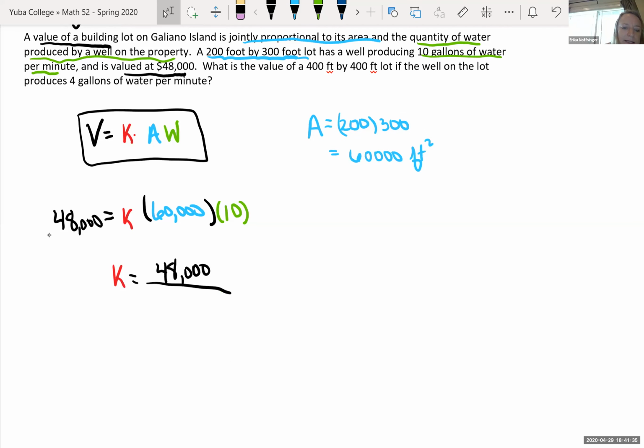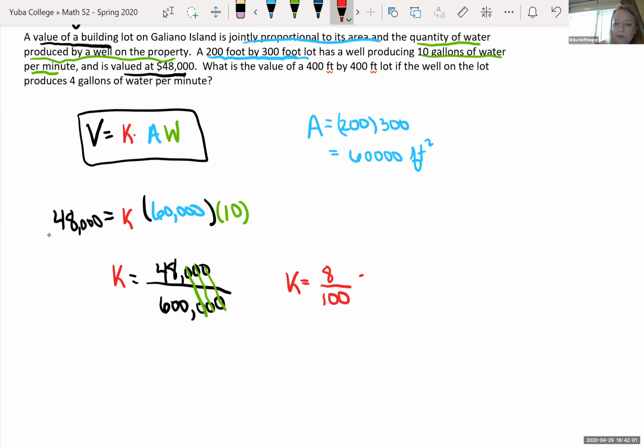So dividing by 600,000, I cancel out the same number of zeros. 6 I know at least goes into both of those. 6 goes into 48 8 times. 6 goes into 600 100 times.